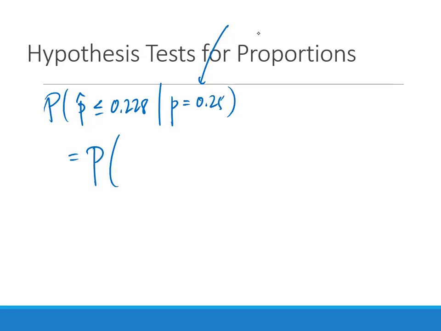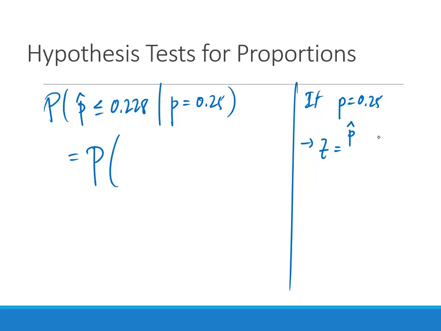If the true proportion really is 0.25, then z, which is p hat minus 0.25 over the square root of 0.25 times 0.75 over n, is distributed as a standard normal random variable.